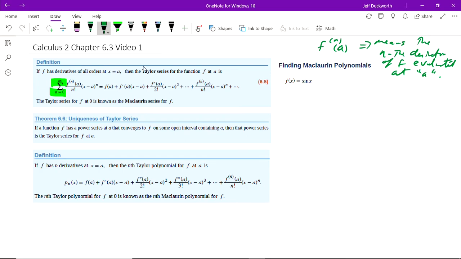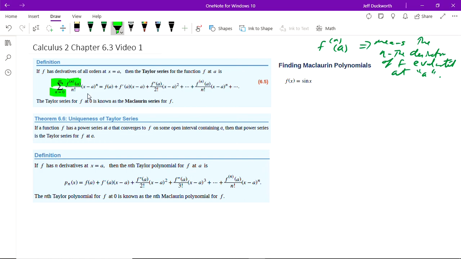That's what this notation, f to the n of a, means. That'll be over n factorial and then multiplied by the quantity x minus a to the n power.